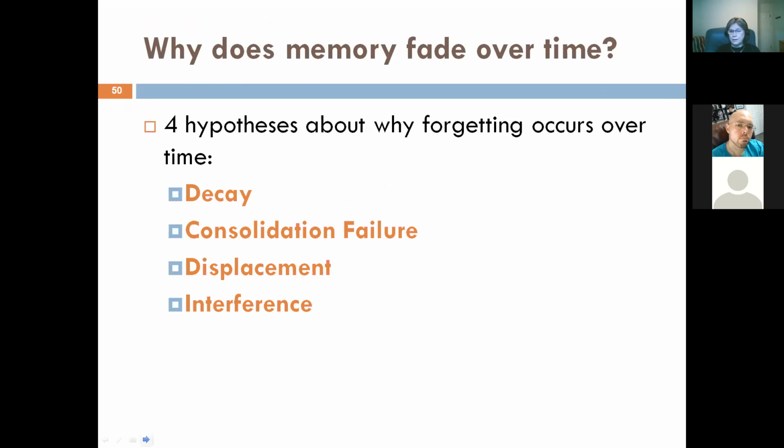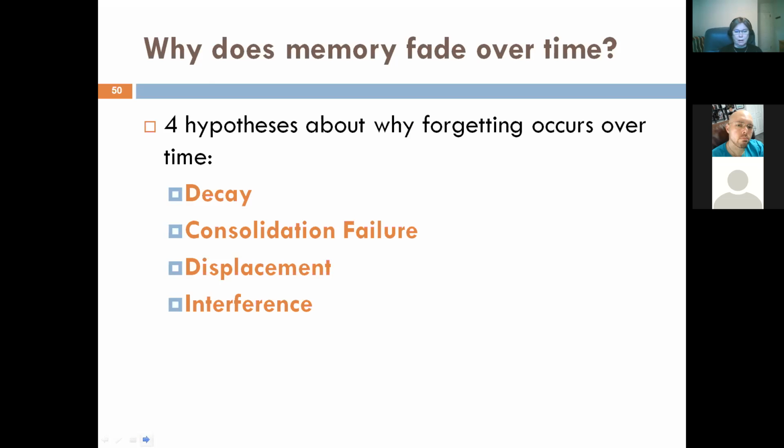And there are 4 hypotheses that we'll talk about. And here they are. We have decay theory, consolidation failure, displacement, and interference. Now, it's not like only one of them is correct.